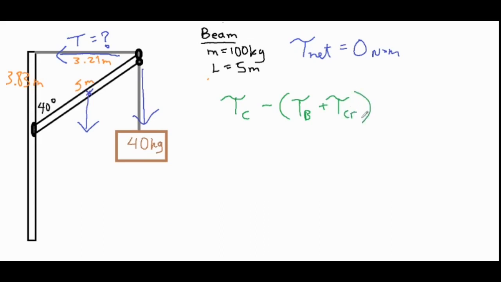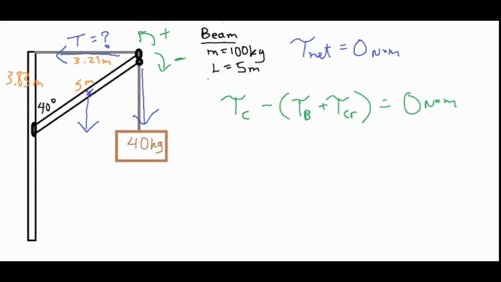So we'll say CR for crate, and then we'll say C for cable. So we have two negative torque values and one positive. Anything that's going counterclockwise is positive, and anything that's going clockwise is going to be negative. In this case, it doesn't really matter that much because the sum is going to be 0 anyways. So the sum of that is 0 Newton meters.